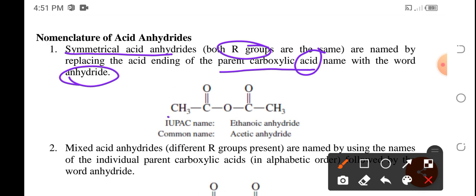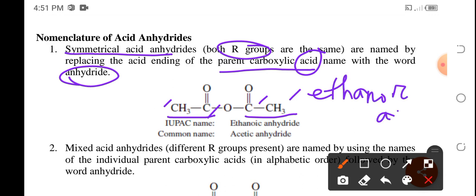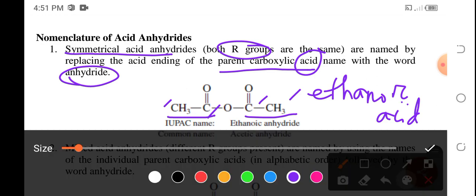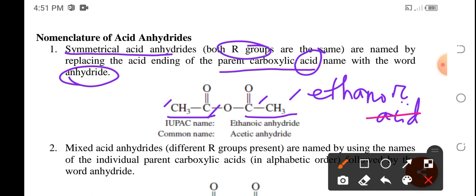So this is the R group and this is another R group. They both contain two carbon atoms, so originally they came from ethanoic acid. We drop the acid and replace it with anhydride. Therefore, the IUPAC name is ethanoic anhydride. It came from two molecules of ethanoic acid.